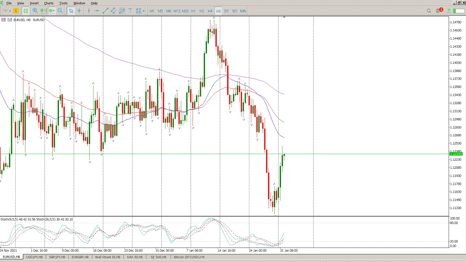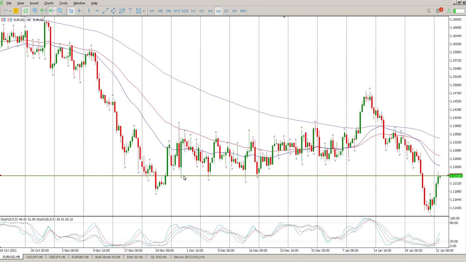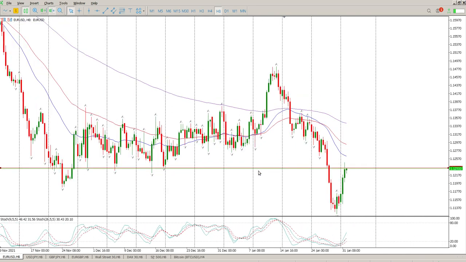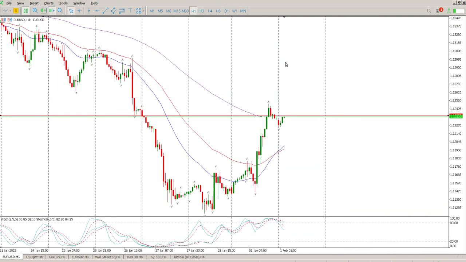So as usual, starting off with Euro USD, and we have rallied a little bit yesterday, but pretty much into this zone of resistance. You look to the left, you'll see quite a bit of structure here. So for me, we should be looking for opportunities to continue this journey to the downside.